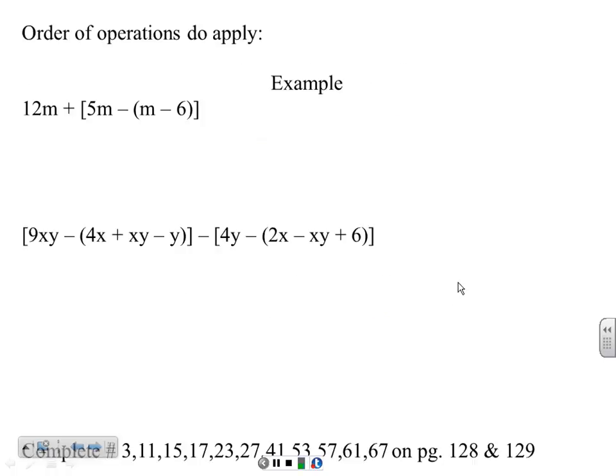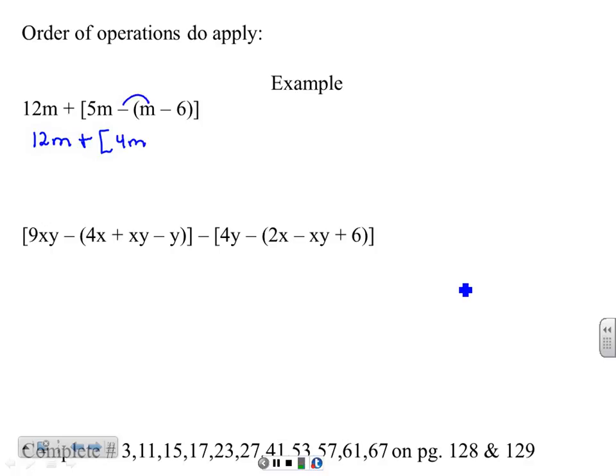Alright, so these last two, order of operations do apply. So we have talked about order of operations, so we need to get rid of these parentheses before we can combine our like terms. So for the problem on the top, I'm going to leave this 12m alone, plus bracket, and then I can't do anything with the parentheses, so let's just do this. 5m minus 1m, which is going to be 4m.